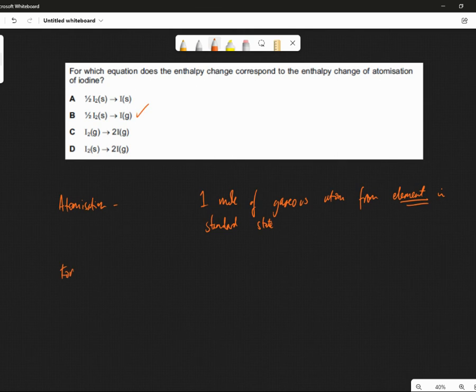What's formation? Now, believe it or not, formation always refers to compounds. It's forming 1 mole of compound from its elements under standard conditions.